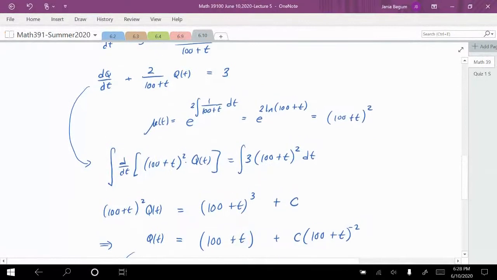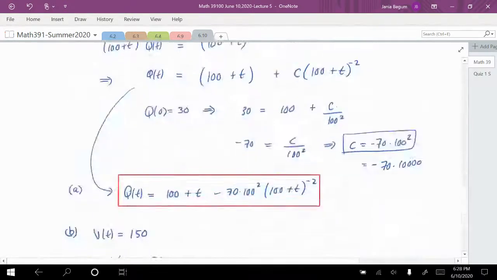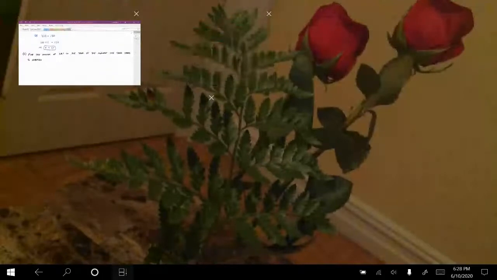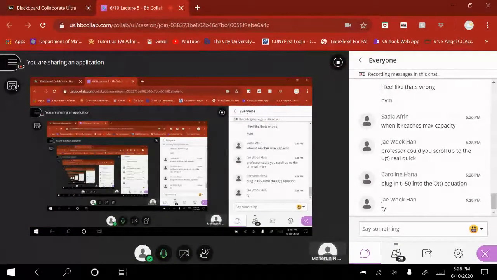Okay, so for part C, we want to know what is the amount, meaning Q of T, when it is going to start to overflow, right? What do you guys think that means? All right, Carolyn, you're absolutely right.